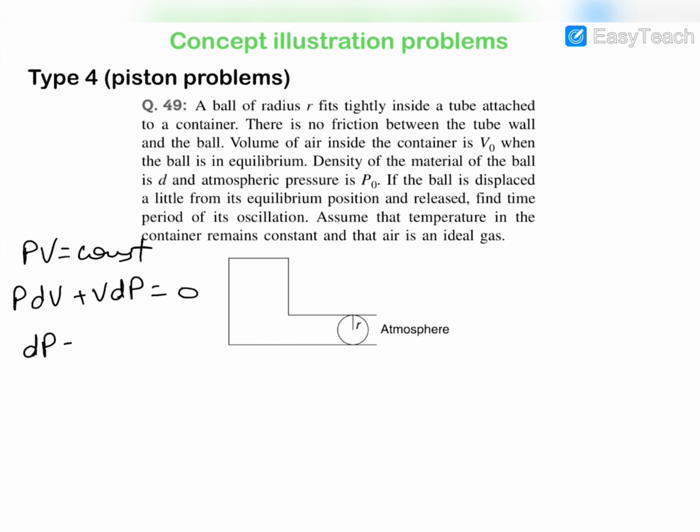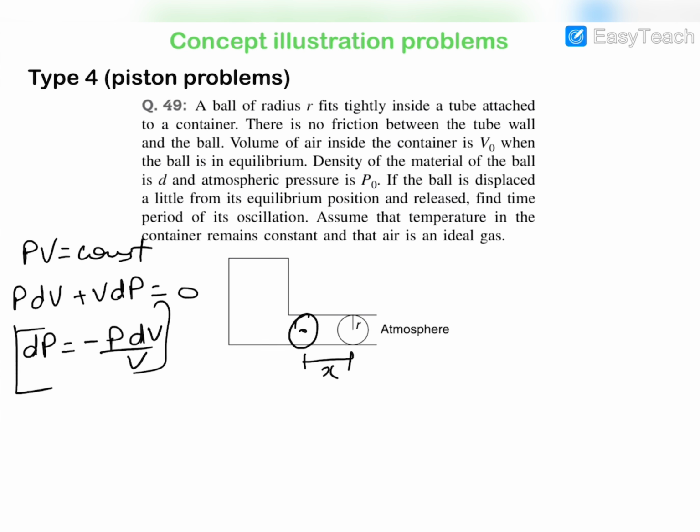So dP will be equal to minus P dV by V, and dP is the change in pressure due to the displacement of the ball. Let's suppose the ball is displaced inside by a distance of x. So this ball compresses the air inside the vessel, and the pressure of the air becomes higher than the initial pressure, and therefore the air applies a pushing force on the ball, due to which the ball performs SHM.